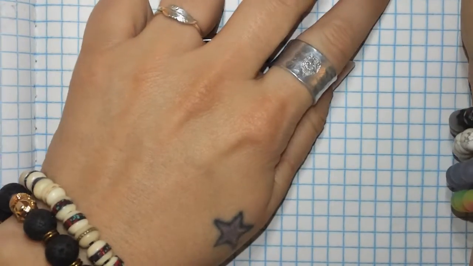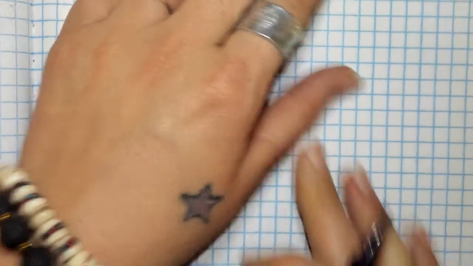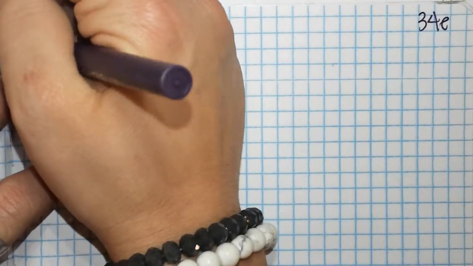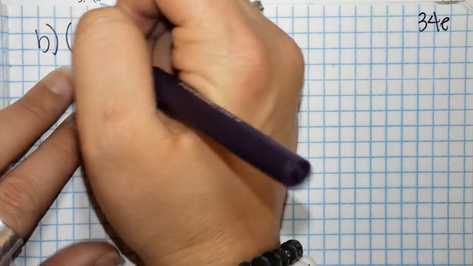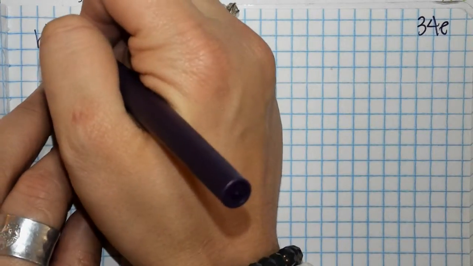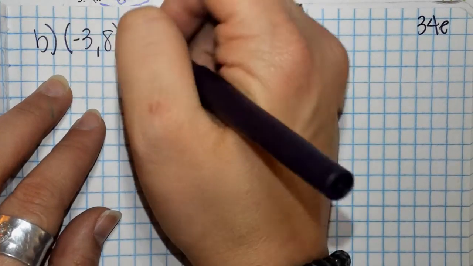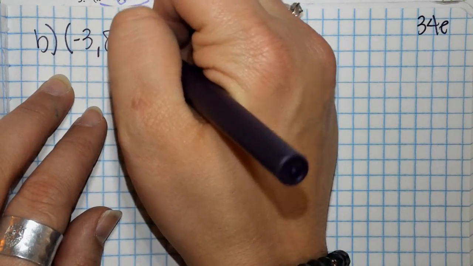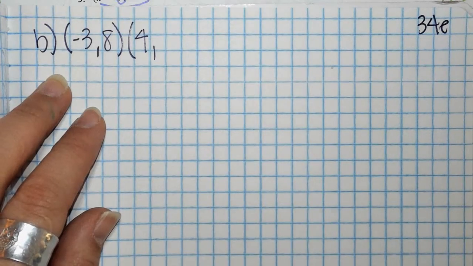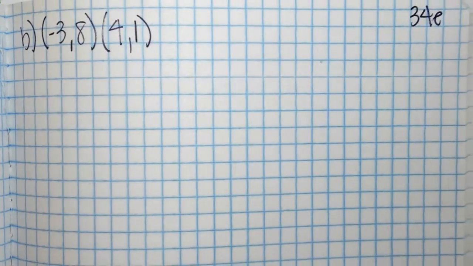Alright, so mine is 34E because I'm running out of room and I write huge so that everybody can see. Alright, B. Our point this time, I'll throw some negatives in there. -3, 8, and 4, 1.